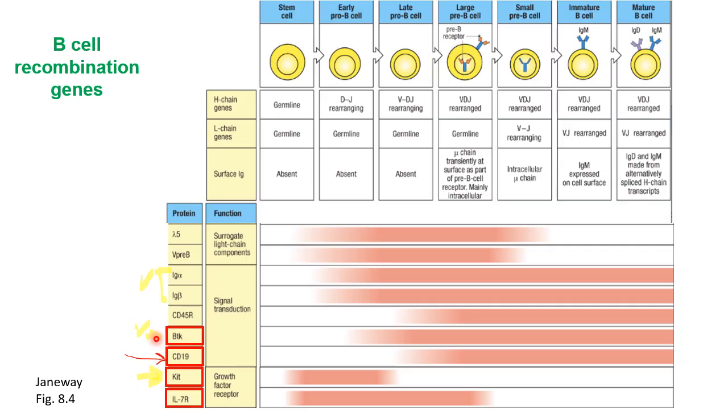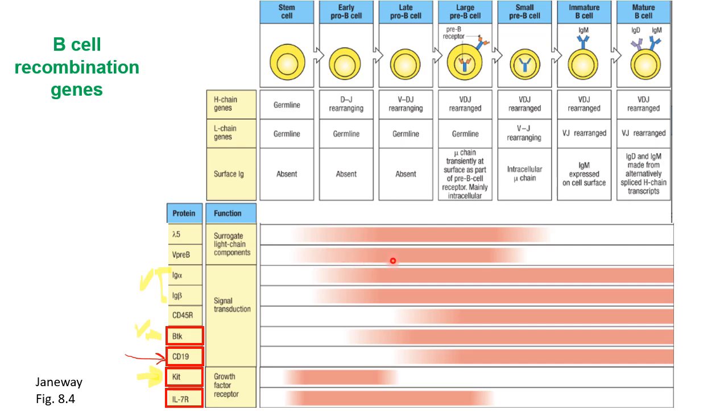So all B cells have CD19. Okay? Same way all B cells have BTK, but CD19 is like one of the classic markers for B cell identity.